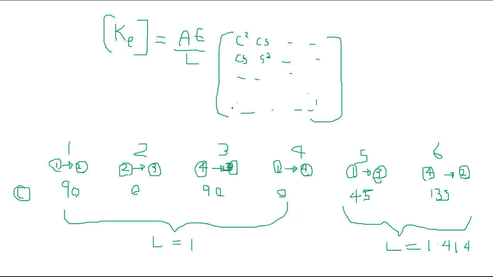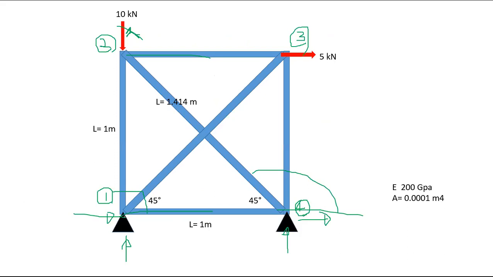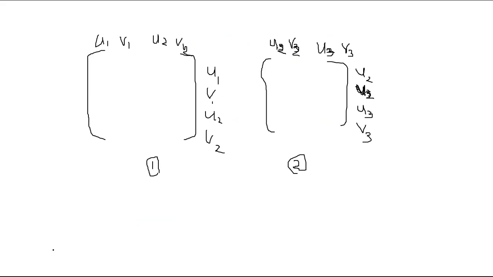So there are several elements connected at one node. Element 5 is 1 to 3, that means U1, V1, U3, V3, right?